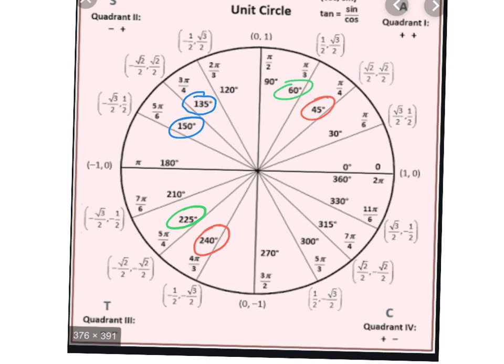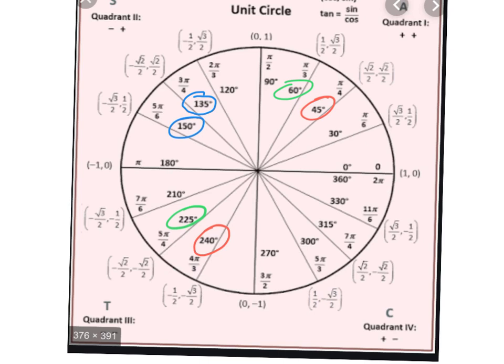Do you see how if Andrea picked 135 and 150 and Stefan picked 240 and 45 and Michael picked 60 and 225, those are 3 different sets of angles, yes? But when I add them together, what do I get? 285.